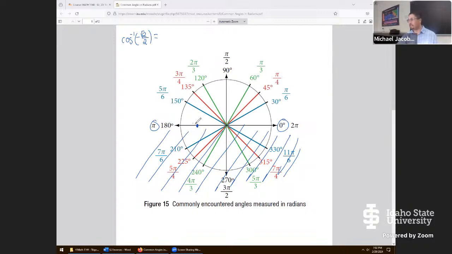It would be here. And then you reverse engineer what is the angle that sends you to negative root 2 over 2. It would be this one, 3 pi over 4, like you mentioned. And then we're pretty much done. Cosine inverse of negative root 2 over 2 is 3 pi over 4.